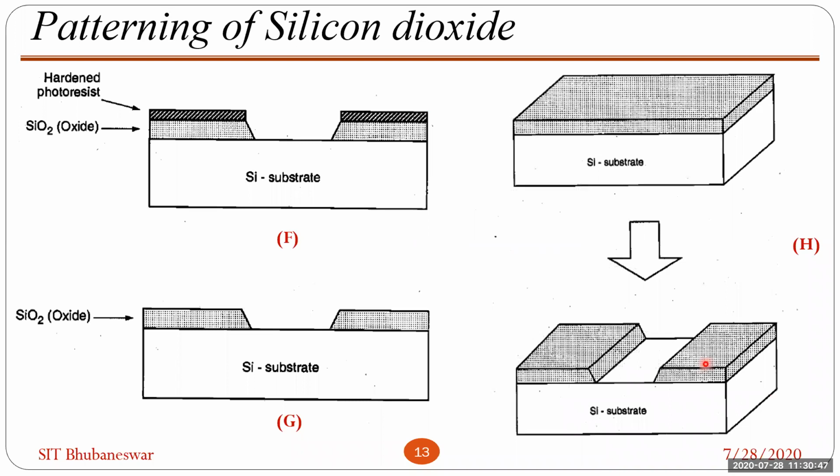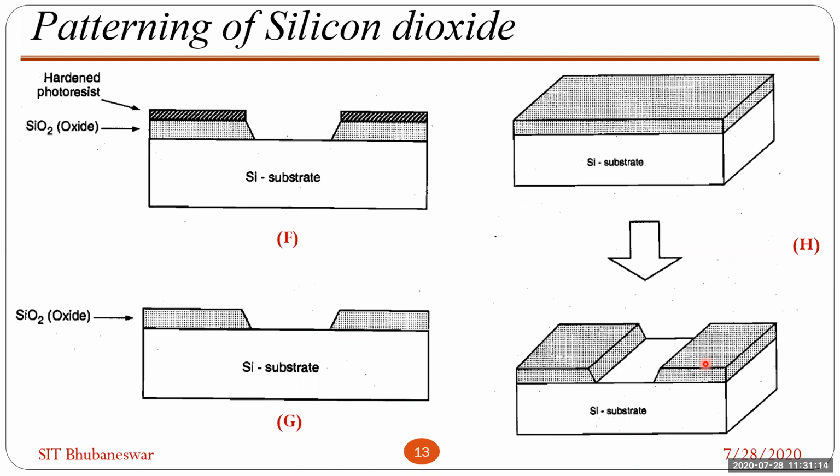Which part, sir? That middle part, the oxide part. We can use some chemical solvent, by using HF acid, we can remove that oxide part also. Now you can see the silicon substrate is there, then left and right side is oxide, and you get the free region.